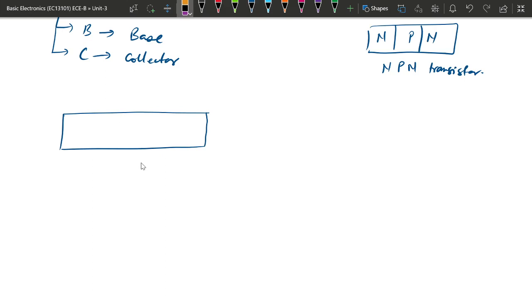So the width of the collector region will be highest, and the width of the base region will be minimum. Suppose this is PNP, and this is your emitter, this is your base, and this is collector. So collector is having the highest width.